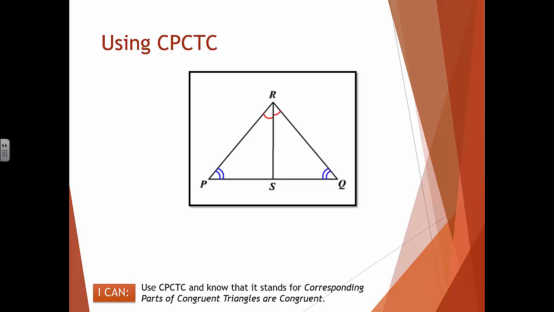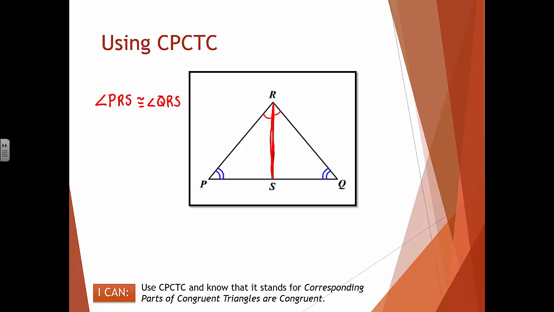So here's a short example of how you would use CPCTC. I'm looking at this figure here, and I realize that these two triangles, triangle PSR and triangle QSR, have that side in common, and they also have some congruent angles. So a really short example, I could say that angle PRS is congruent to angle QRS.